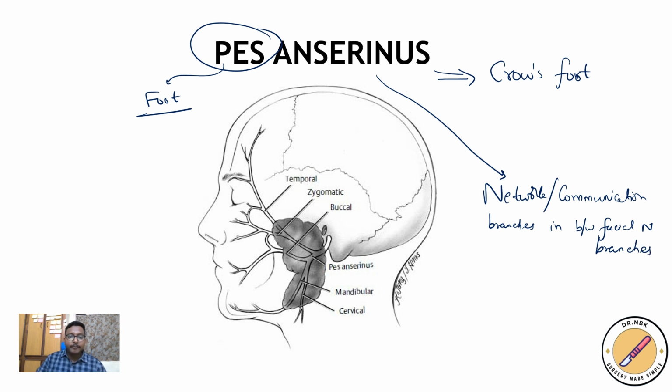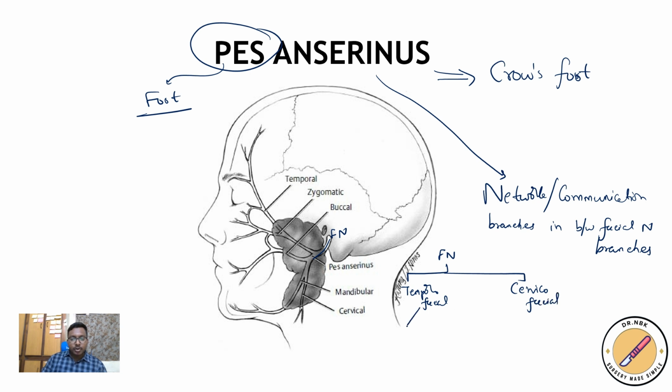So we know that, as you can see here in the picture, this is the main trunk of facial nerve. Once it enters into the parotid gland, it will be giving two important divisions. One is temporofacial division. Second one is cervicofacial.